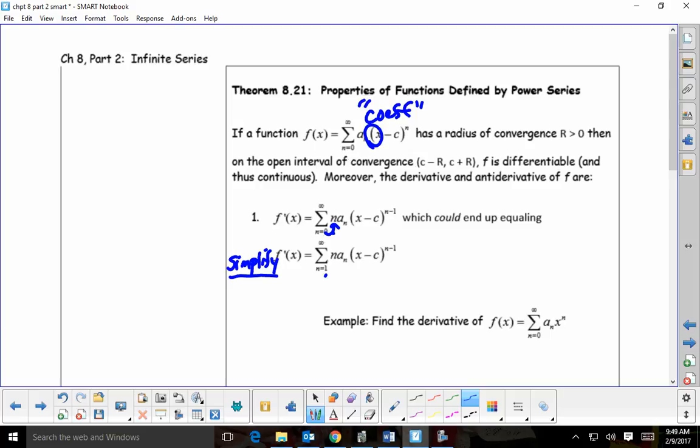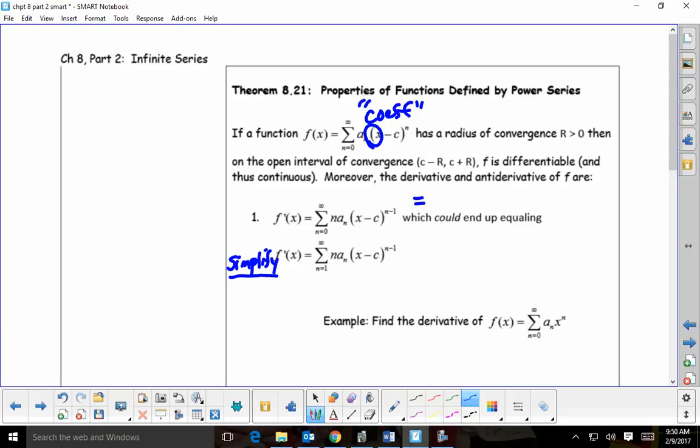So if I start at 1, is that going to give me the same thing? In this particular case, if I plug in 0, let's write out the first few terms.